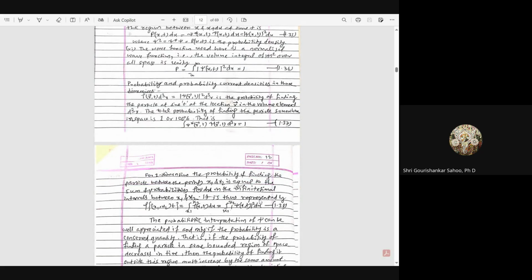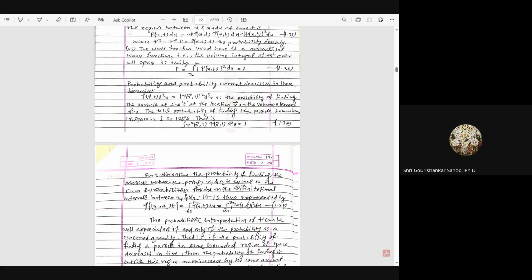Then, probability and probability current densities in 3 dimensions. So rho d cubed r is the probability of finding the particle at a time t at the location r in the volume element d cubed r. The total probability of finding the particle somewhere in space is 1 or 100%, if it is normalized.